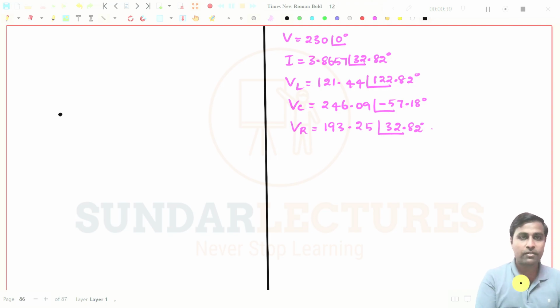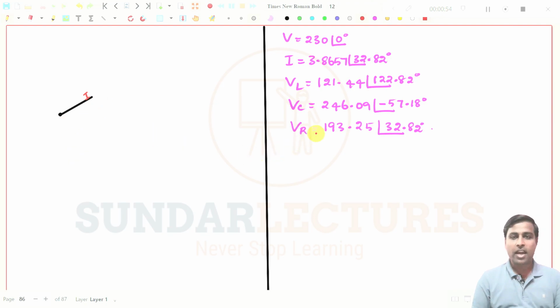So I will draw it like this. What is the magnitude of I here? It is 3.8657. I will write this down as the I phasor.